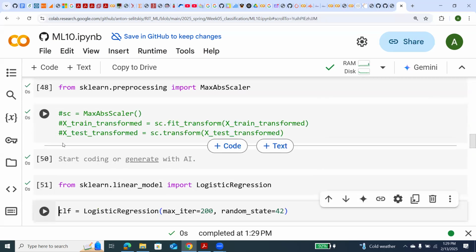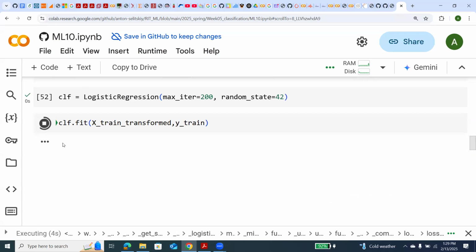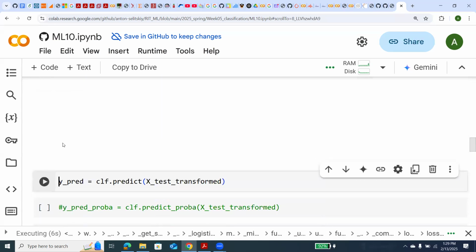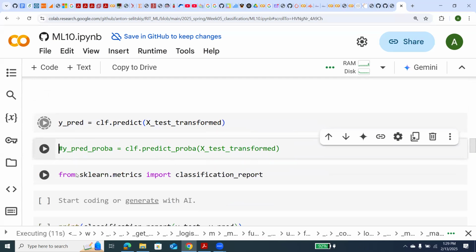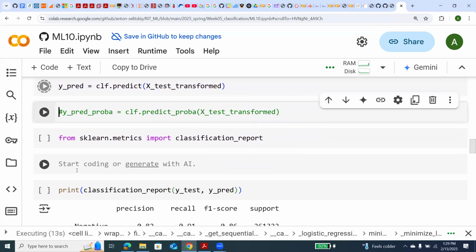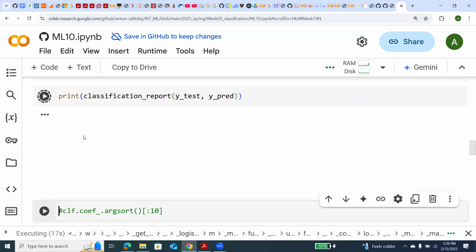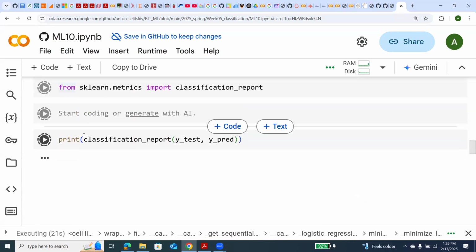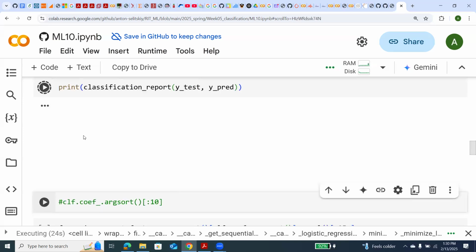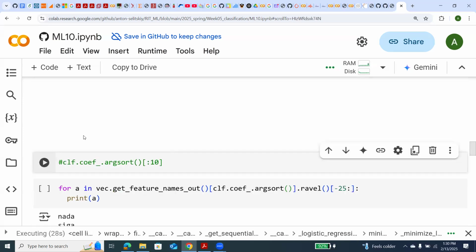So we train linear regression or logistic regression, make predictions, and visualize. So for now, I trained without scaling, and you will see what the results look like.